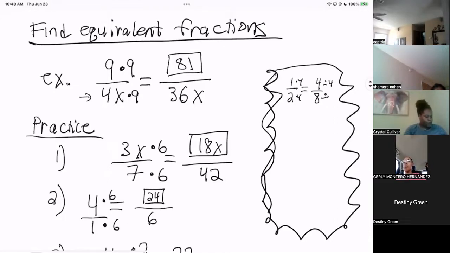This is a little tiny example, but you could divide by 4 and then see if that equaled 1/2, and then you'd be right. 4 divided by 4 is 1, 8 divided by 4 is 2. So that would be correct. So you can do the opposite operation to go backwards and check. Does that make sense? That's basically the only way you can really check, is go back and see if you can get the original answer by doing the opposite operation.